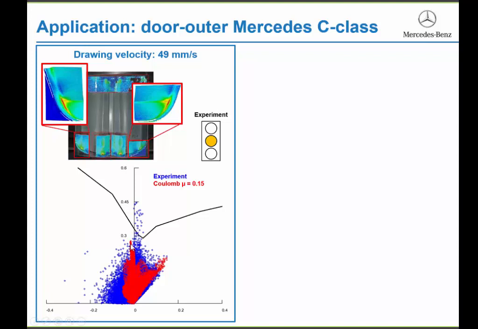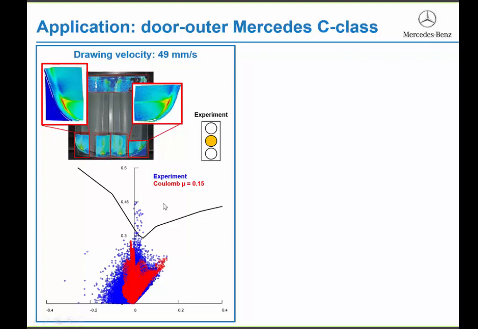So based on the outcome of the finite element simulation, you would have said, okay, this product is okay for production. However, if you look at the experimental results, the blue dots, you see that a certain amount is exceeding the forming limit curve. So from this plot, you would say this product is critical, as some points are exceeding the forming limit curve.